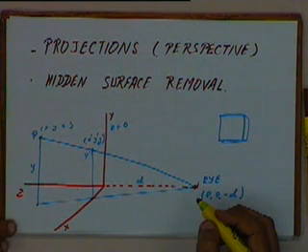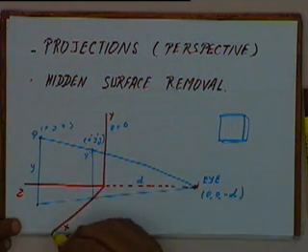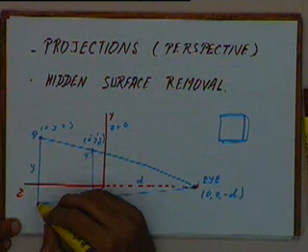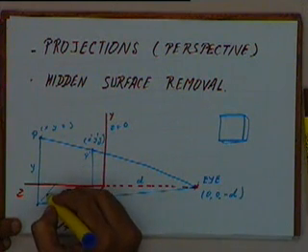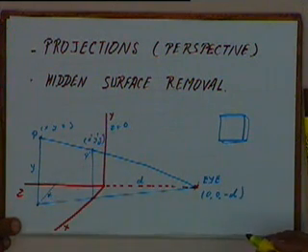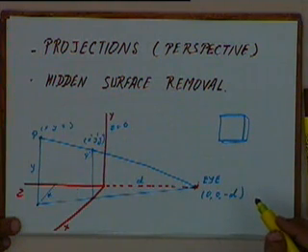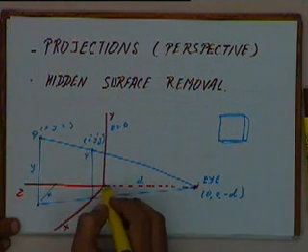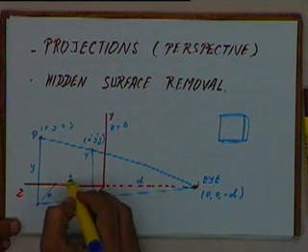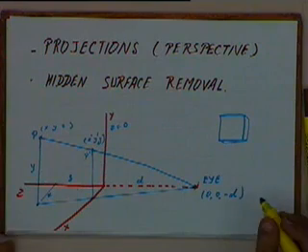Similarly, from this point, if I draw a line parallel to the x axis, this distance will be equal to x. That is because of the coordinates of this point. And from this point to the origin, this distance is going to be equal to z. You are all right?